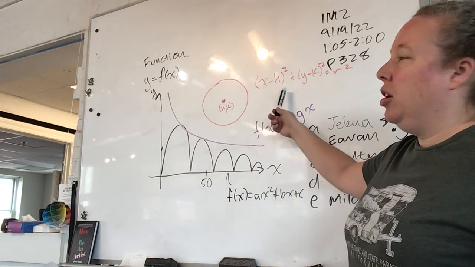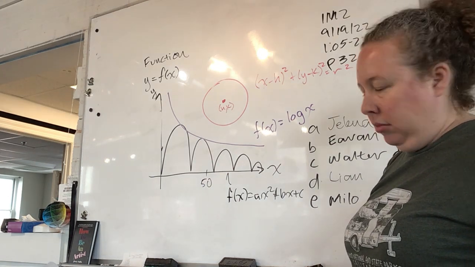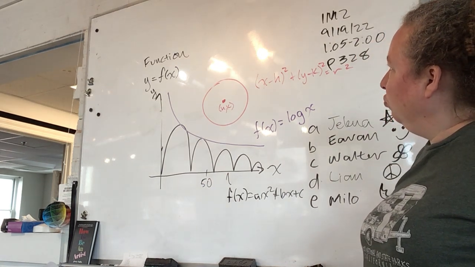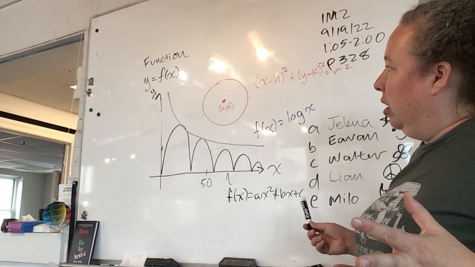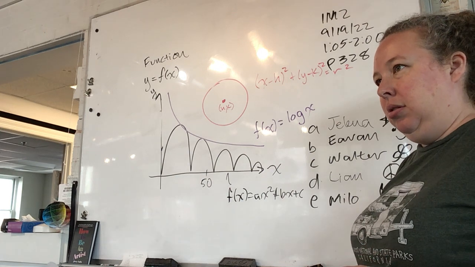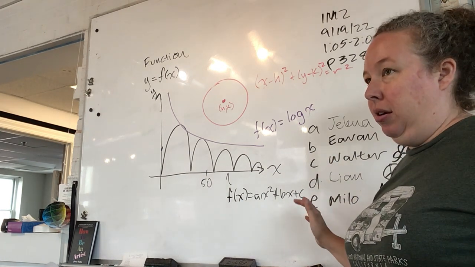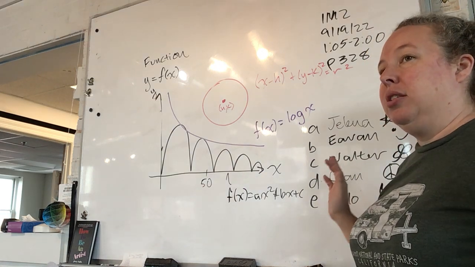And then we can also have the equation of a circle. Now, two of these are graphs of functions, and one of these is not. They all have an equation, but not all of them are functions.